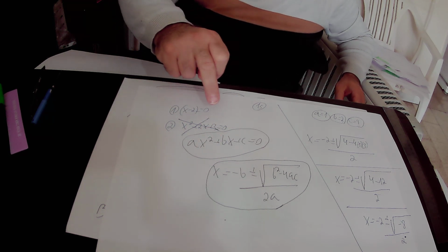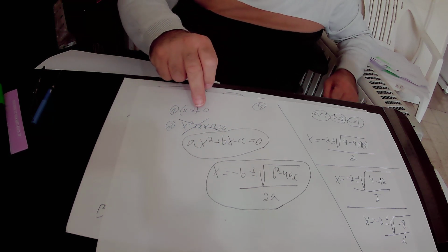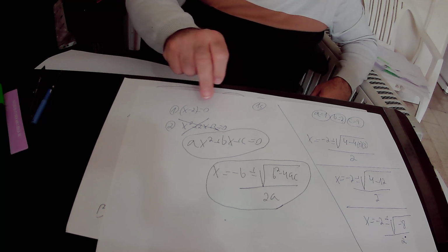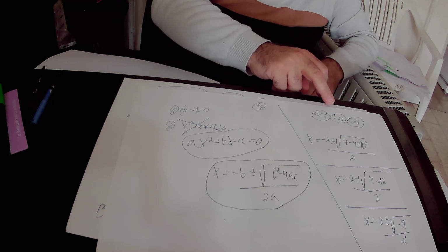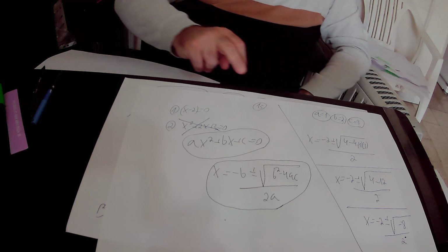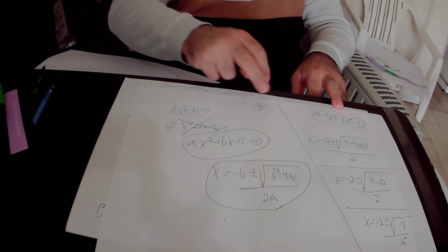So in our specific quadratic equation, x squared plus 2x plus 3 equals 0, a equals 1, b equals 2, and c equals 3. So we put the data inside this equation.